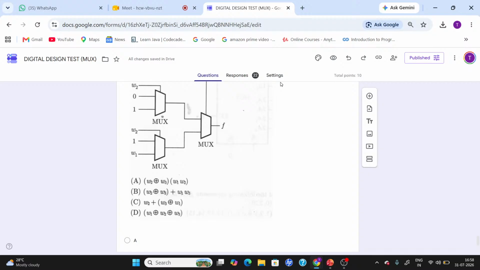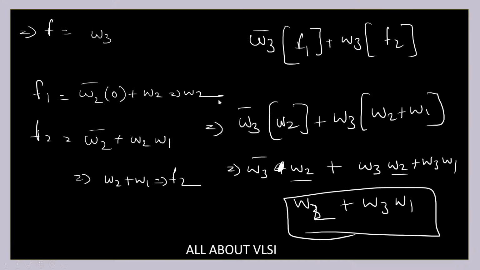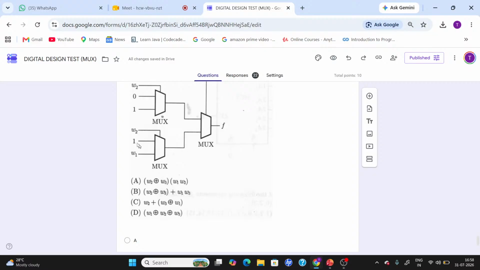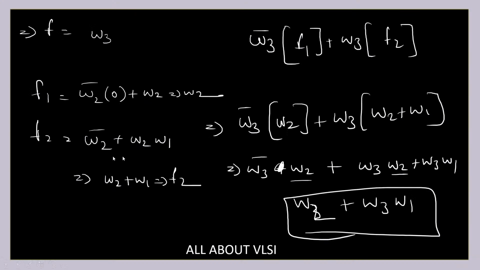So W3 complement into W2 plus W3 into W2 complement plus W3 into W1. Here we missed it: W2 complement plus W2 W1 is W2 complement plus W1.